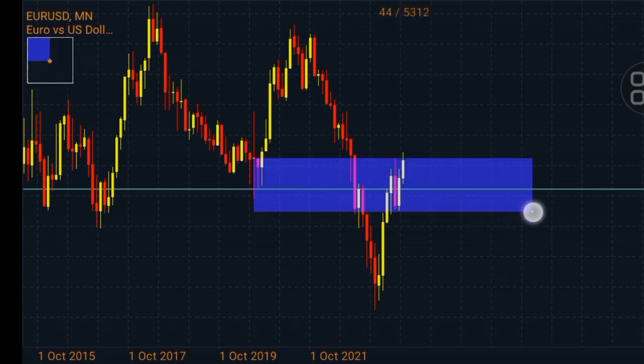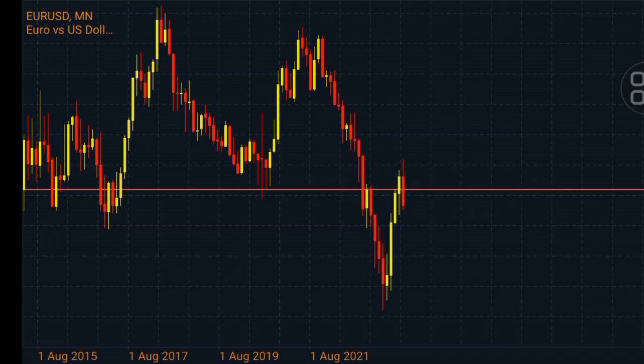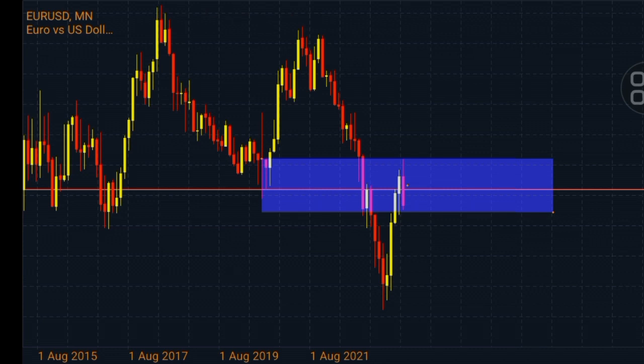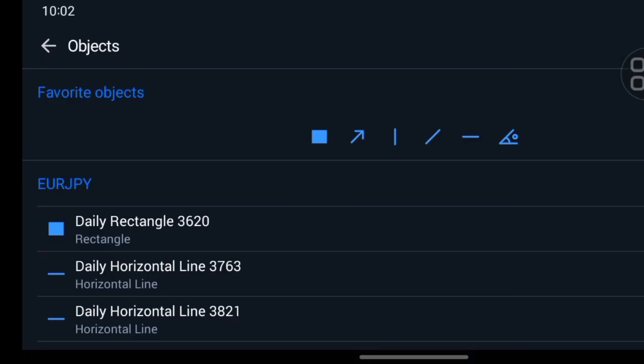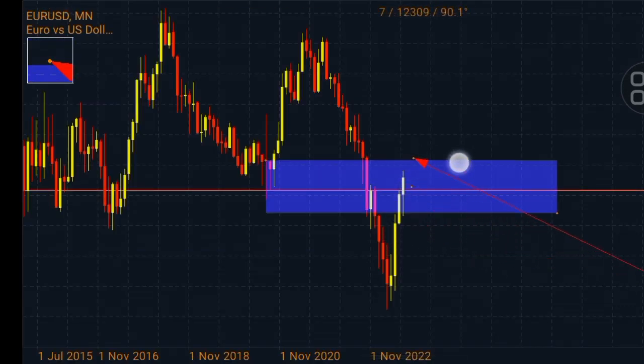Just so you know, monthly we're on resistance level and anything can happen. If the monthly candle does not break and close above this blue box, we can have potential of reversal.